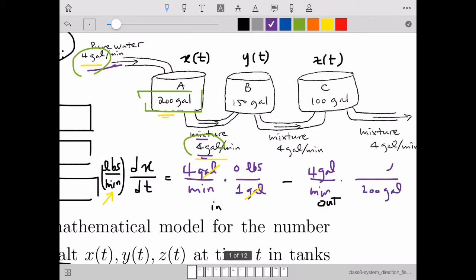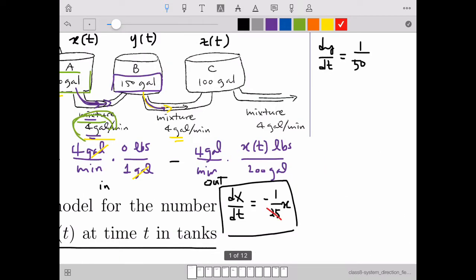But how many pounds of salt are in there at time t? At time t there are x(t) pounds. So for x we get dx/dt equal to minus 1 over 50 x. I made a mistake here, I'm sorry, it is 50.